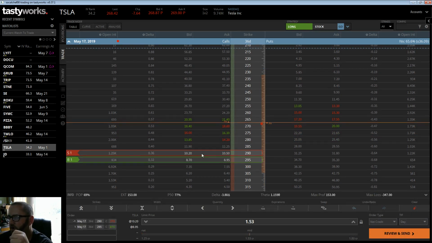By shorting the call side, you're hoping that Tesla will go down. So on a credit spread, it's always the opposite end of what you're expecting it to do. Normally, if you thought the stock would go down, you would buy a put. Likewise, you'd buy a call if you thought it would go up.